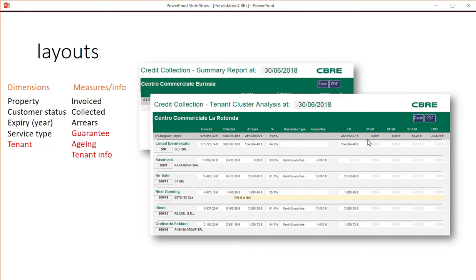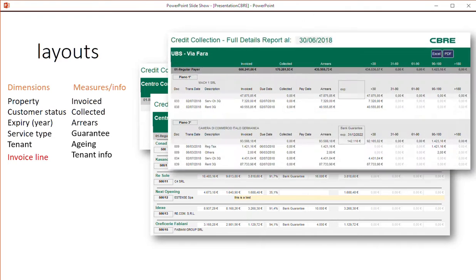So having some more information. Then, more detailed, there is the full detailed report that shows for each tenant the invoice line with the amount, the collected value, eventually the arrears, again the aging analysis, and also the bank guarantee with the expiry date here.